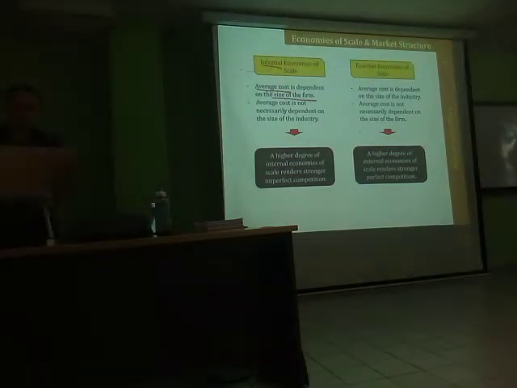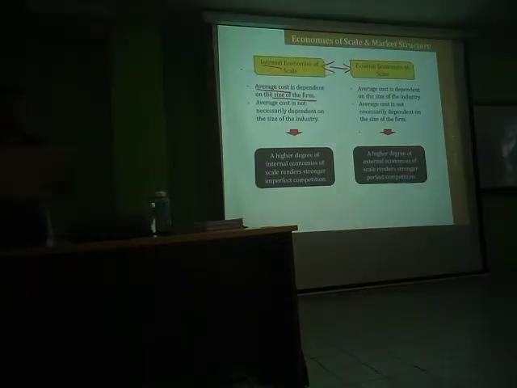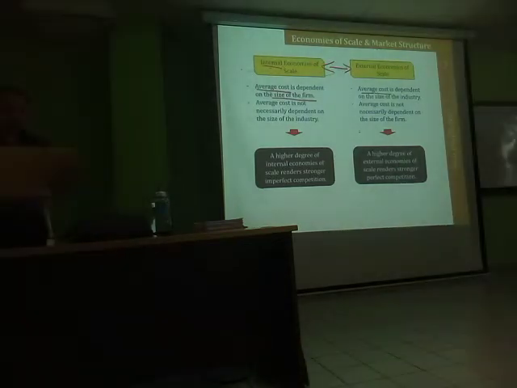This is the first characteristic. In contrast, under external economies of scale, the average cost is dependent on the size of the industry. This is the difference between internal and external economies of scale.